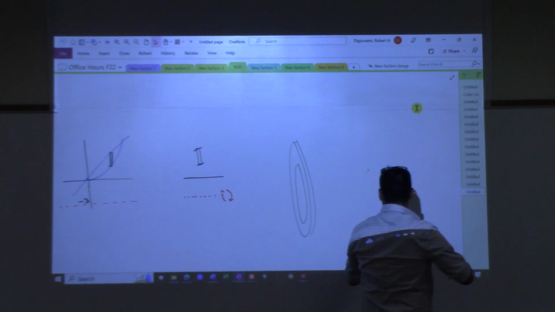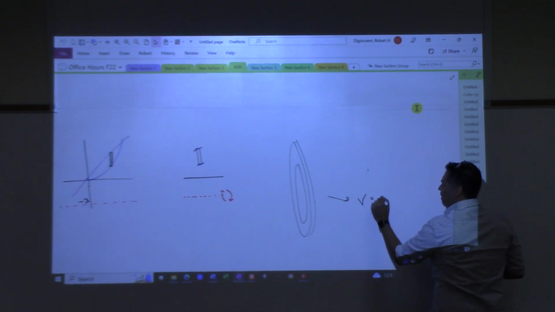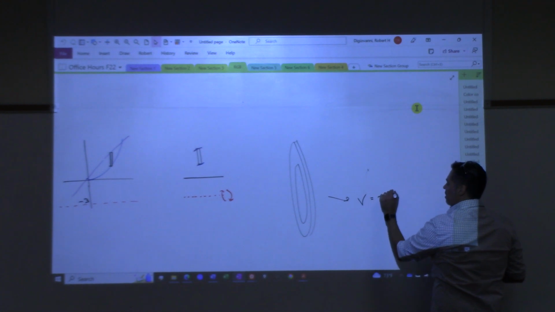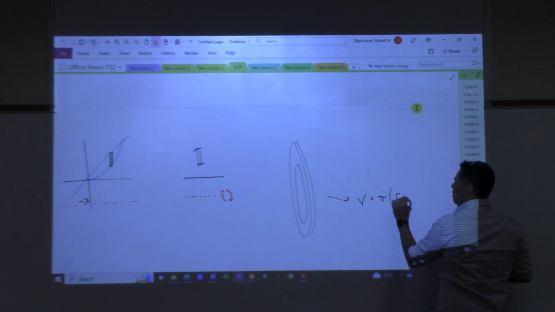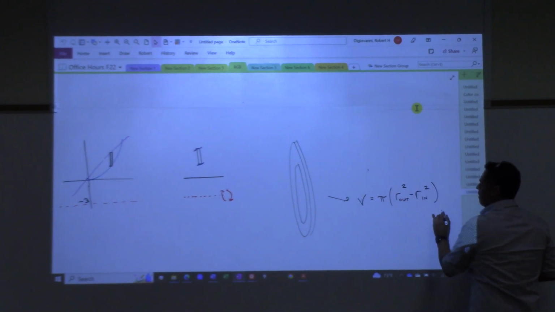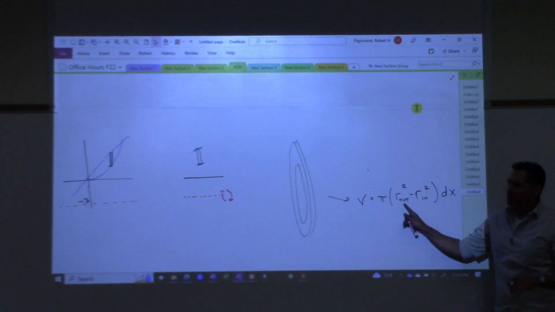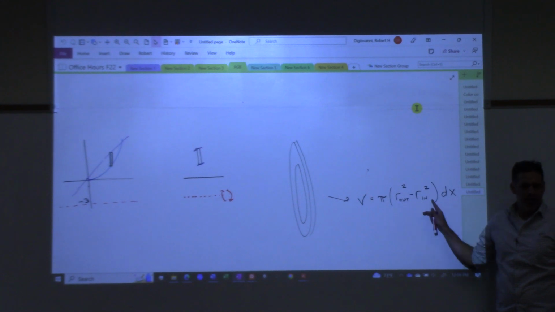The more general formula said that the volume of this slice will be equal to pi times the r out squared minus r in squared, then times our dx. See, if it's the x-axis, then this is just the f of x and then g of x. If it's just the x-axis, right?